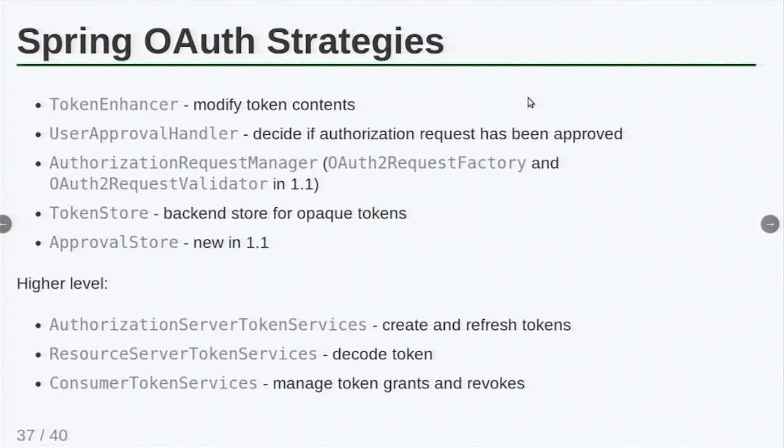The user approval handler is an authorization server strategy that you use to make the decision about whether the user has approved you or not, right? We found that very useful in Cloud Foundry. I'm sure Facebook and GitHub and everybody does exactly the same thing, because a large proportion of the users of Cloud Foundry, the clients, are actually part of the platform, right? So if you log into console.run.pivotal.io using your Cloud Foundry credentials, we don't need to ask your approval for that, right?